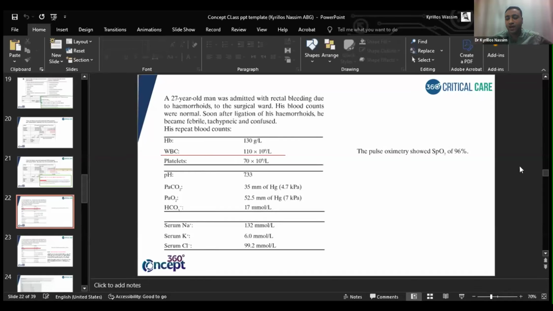You must have a spotting eye for the key of all questions. Here you have hypoxemia in the arterial blood, but the pulse oximetry shows normal saturation. This is a discrepancy.